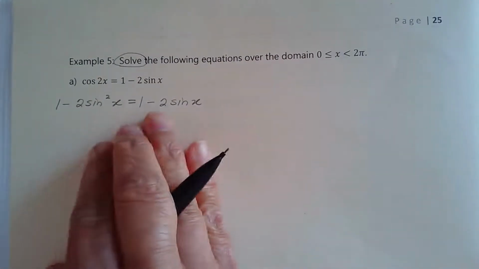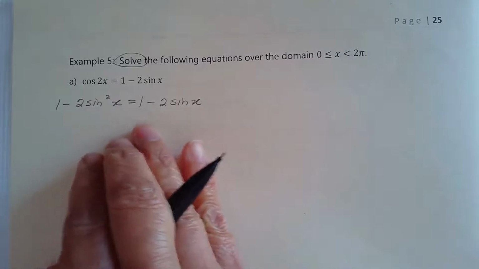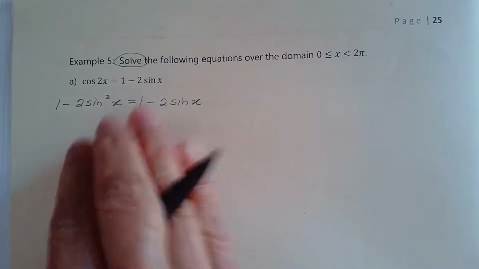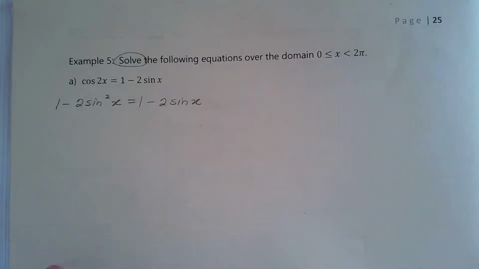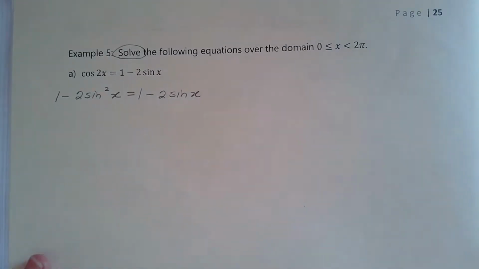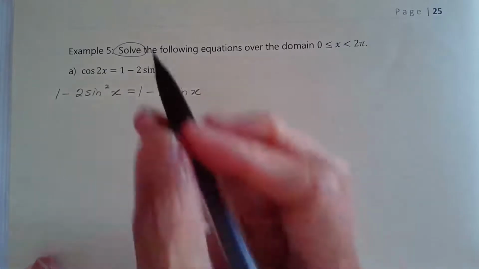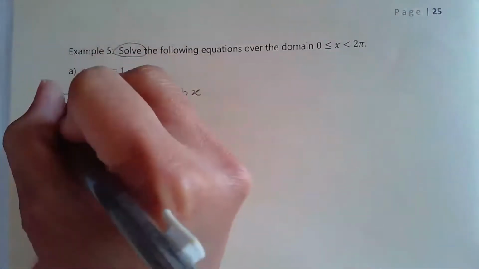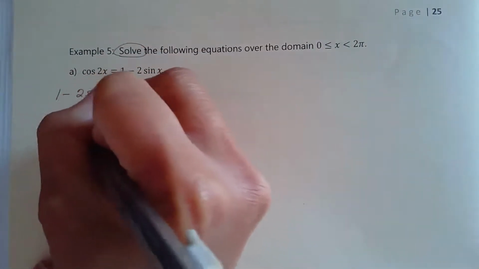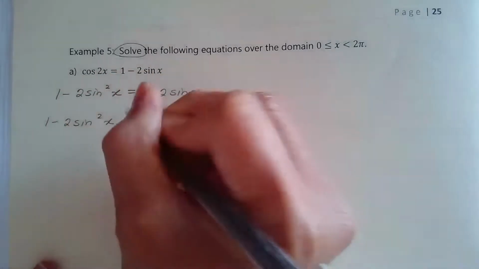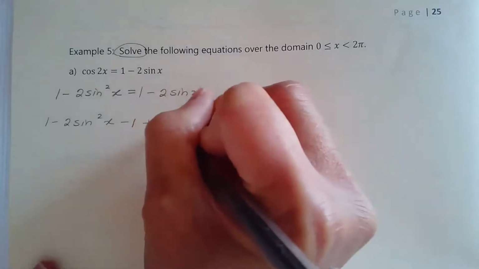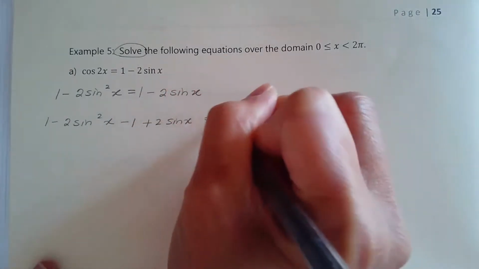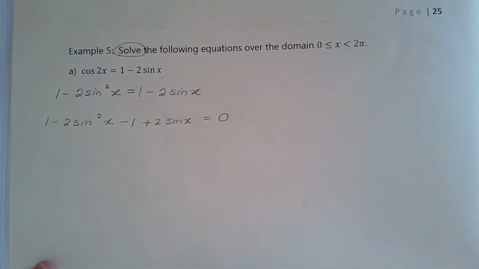So now we figure out that everything is sine, and we're looking at a quadratic trig equation. So put everything on one side. So 1 minus 2 sine squared of x, and then if I bring everything to one side, negative 1 plus 2 sine x equals 0. And then we can clean that up.